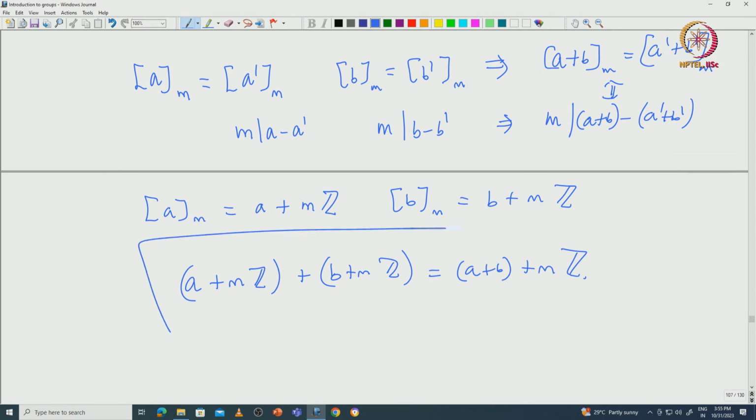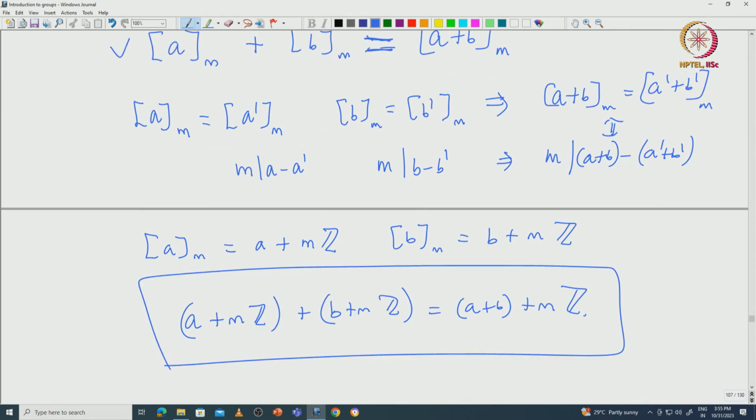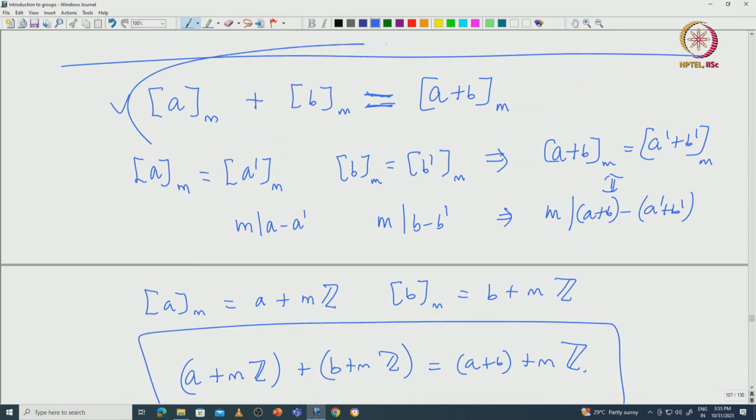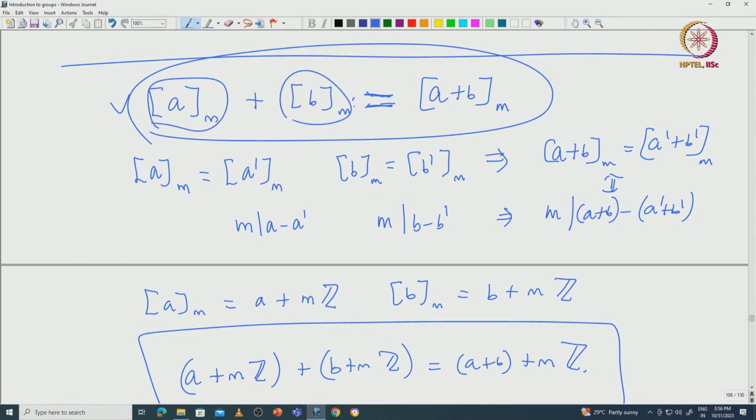This is something happening inside the integers, but it agrees with the addition that we want to define between these sets, treating them as elements. I already showed you before how to do this addition modulo m. So basically I am trying to convince you that if you use this congruence notation, you again get the same thing.